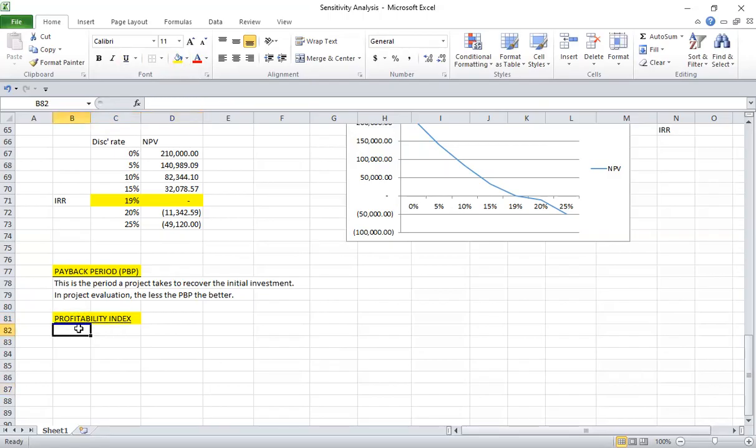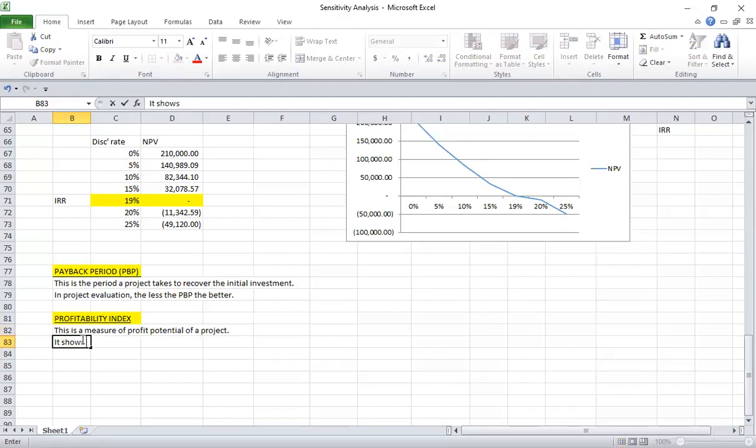So this one is normally a measure of what we can call the profit potential of a project.